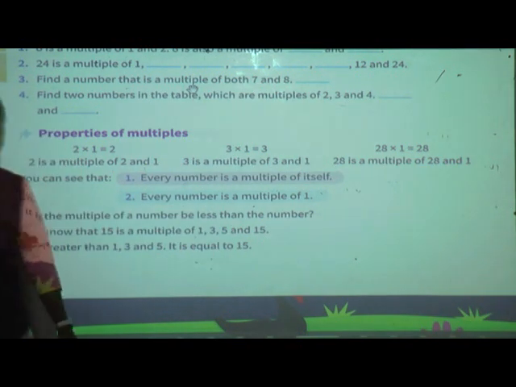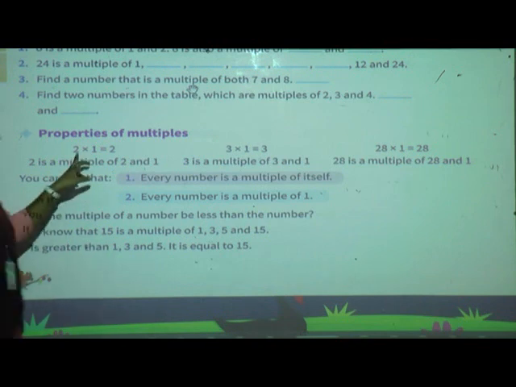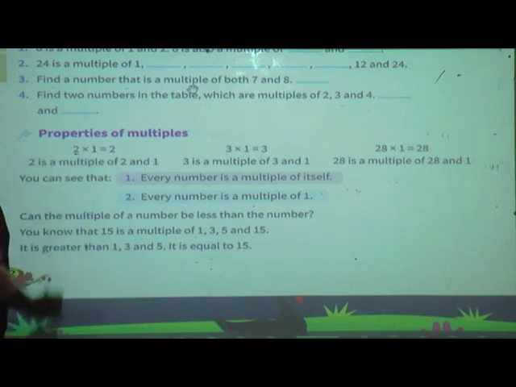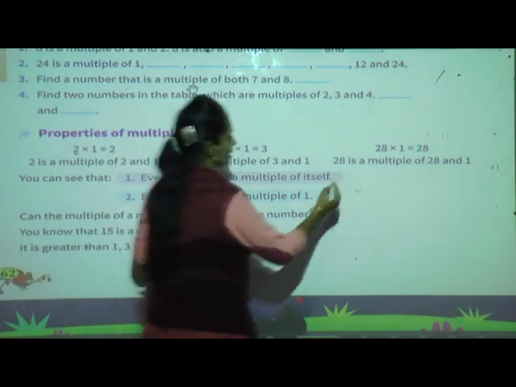Every number is a multiple of itself. What are they saying? Every number is a multiple of itself, because see, for example, when we multiply with 2, one twos are 2, meaning when we are multiplying with 1, we are getting the number itself. See, that is the example.